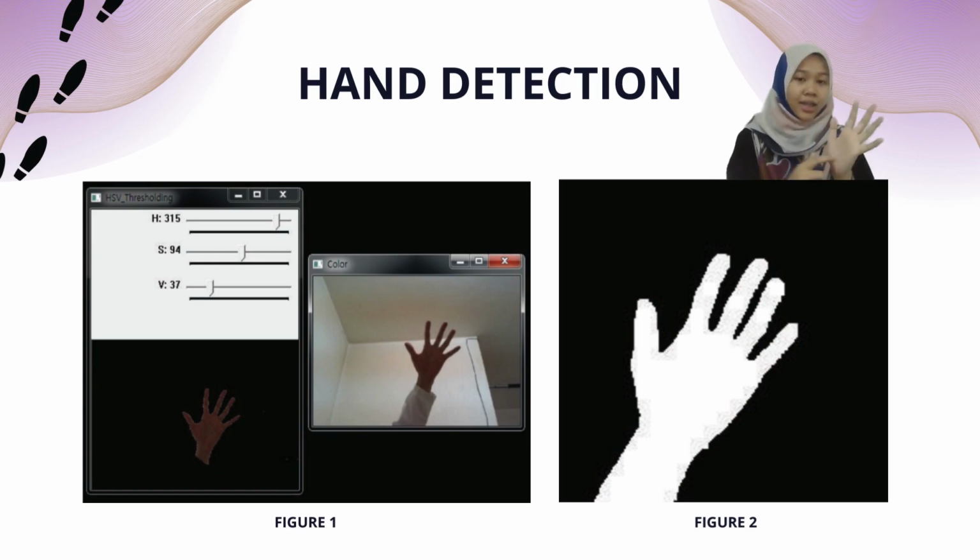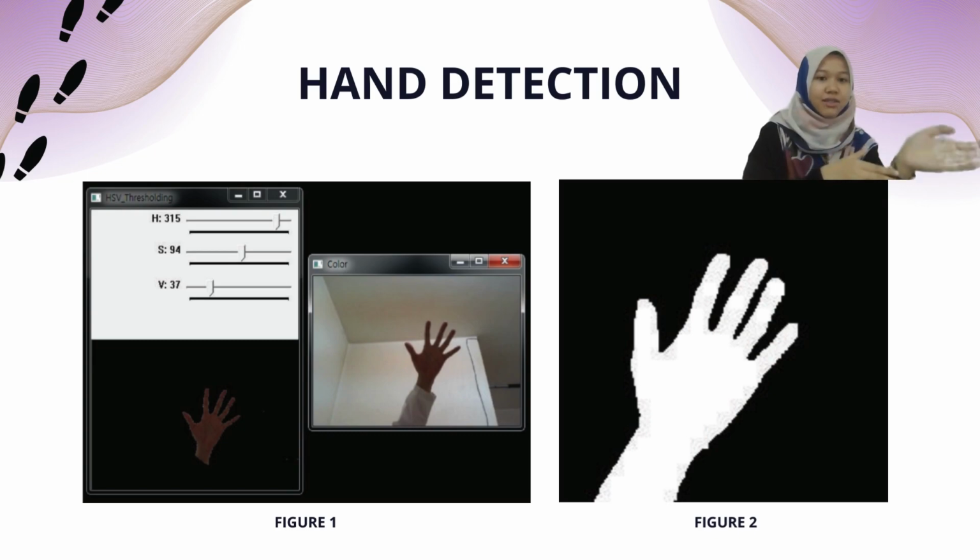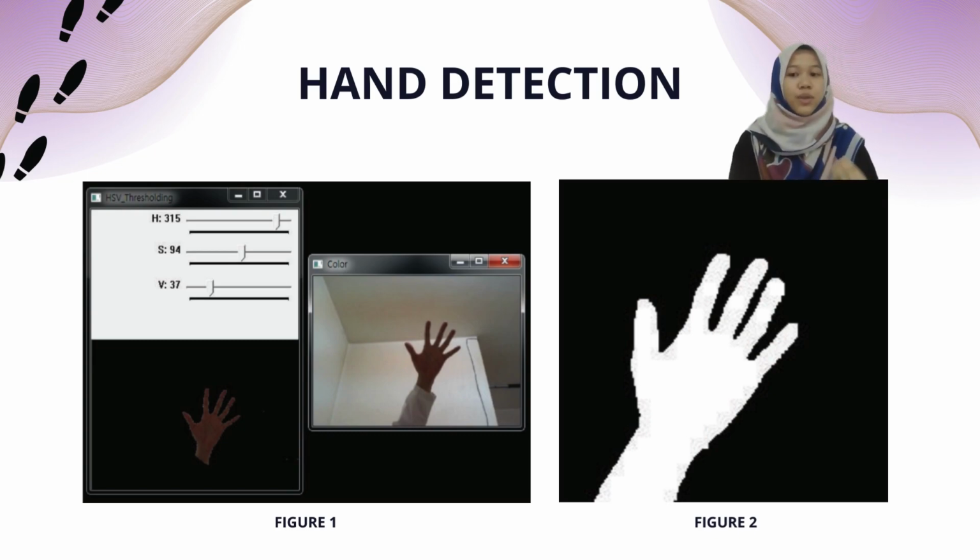Our hand will be measured with the HSV model: hue, saturation, and value. Then you can see the result in figure 2, where the white pixels are members of the hand region, and the black ones belong to the background.